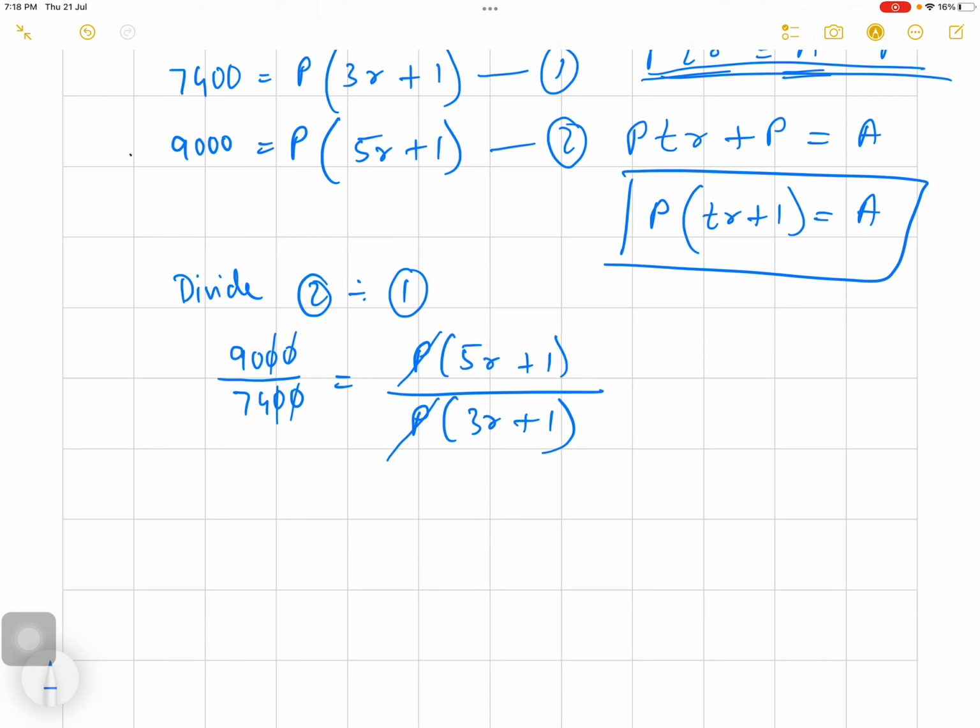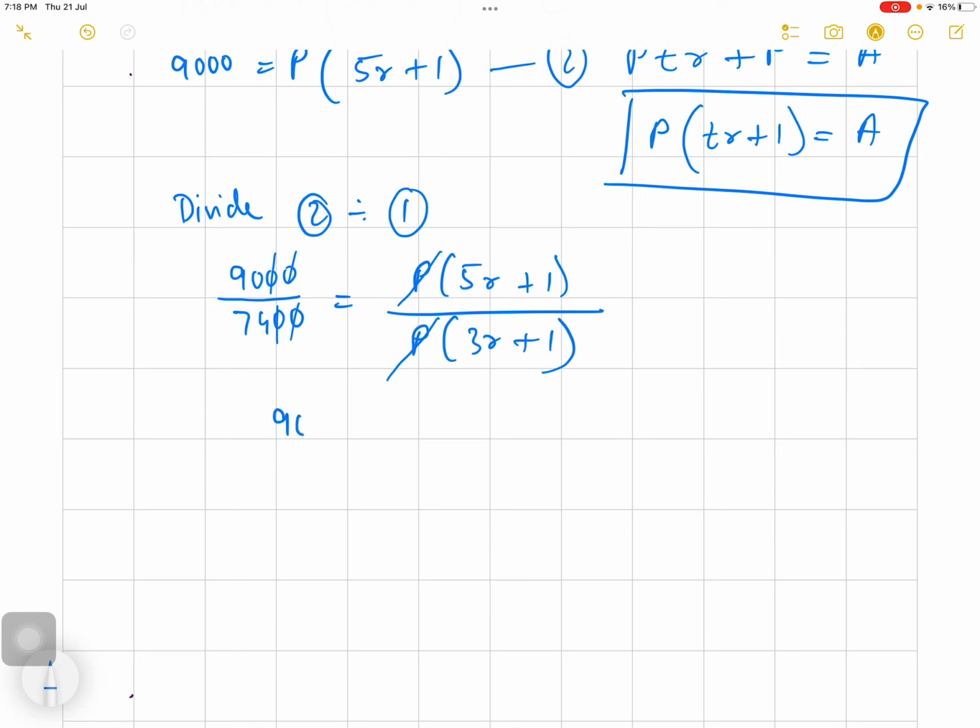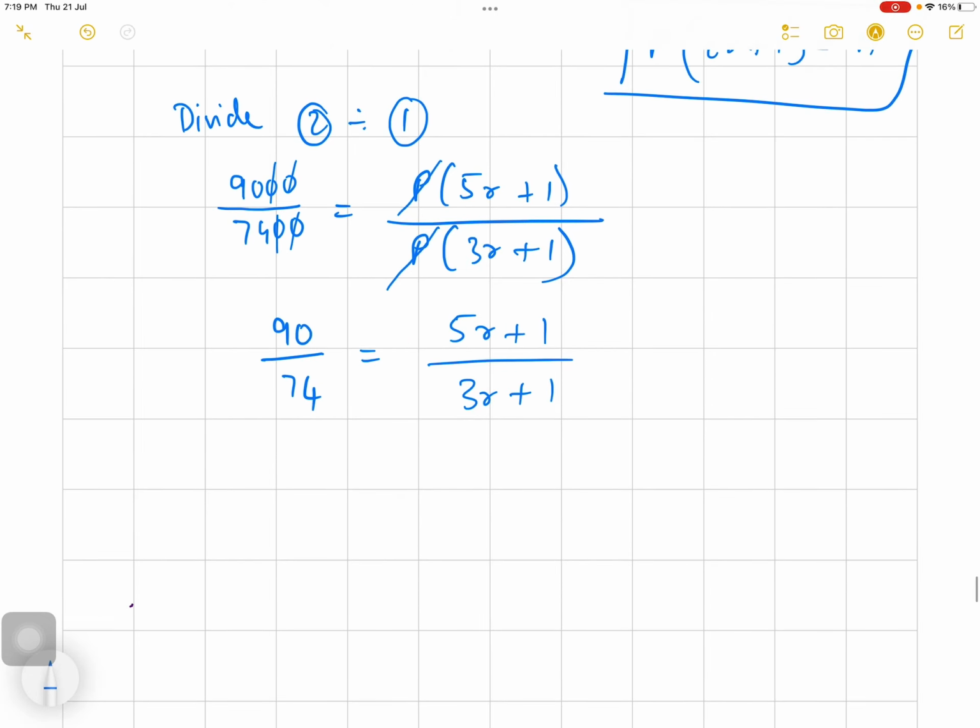We can reduce it, but we'll keep it. So my equation is 90 by 74 equals (5R plus 1) divided by (3R plus 1). Let us cross multiply.